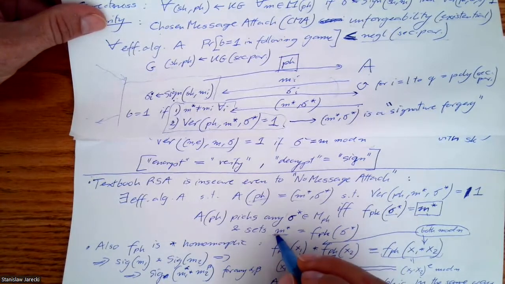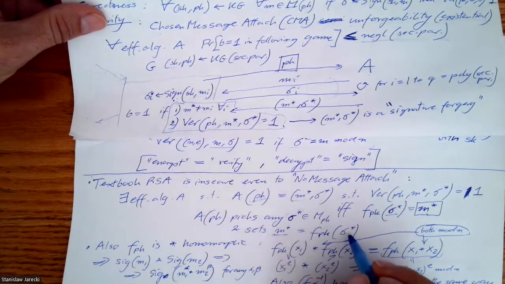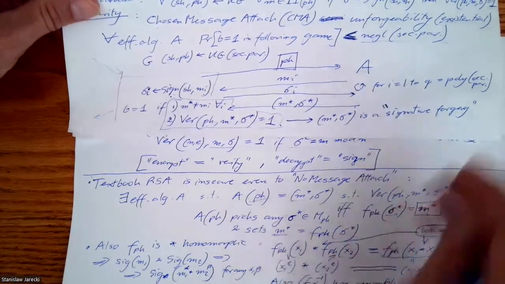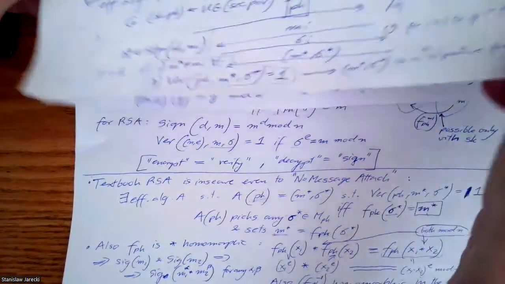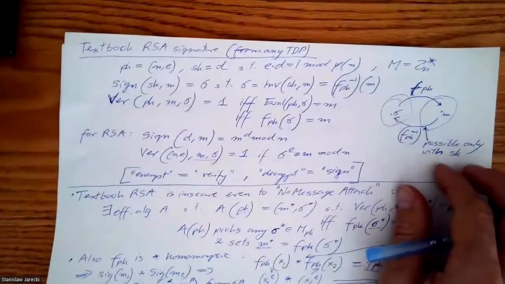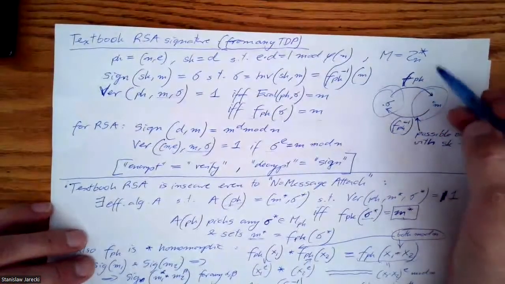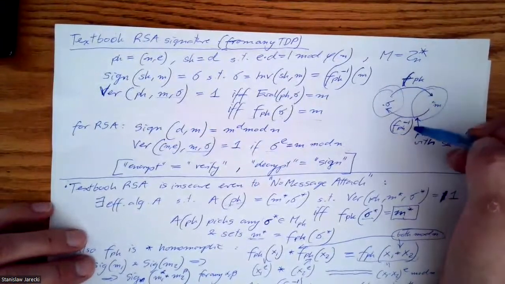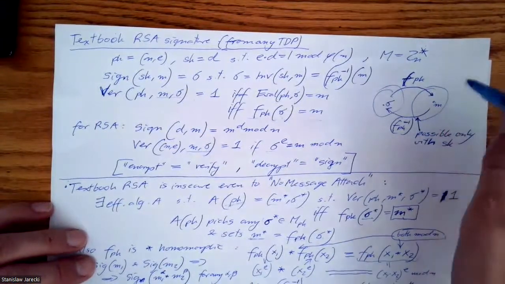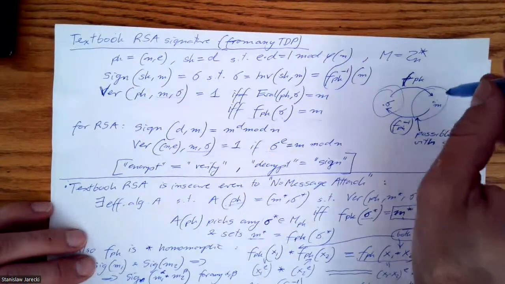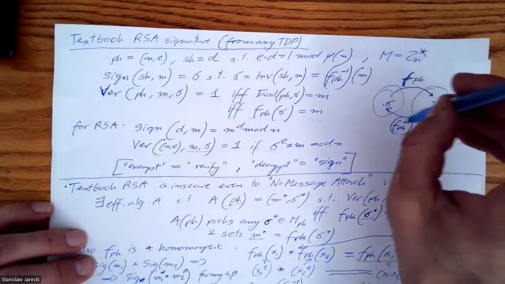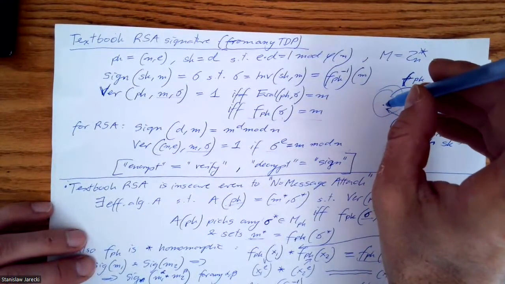Then in order to forge a signature on it, I have to invert this function on a random point, right? So remember, what was the assumption? The assumption was that the f_pk is a one-way permutation. It's a one-way permutation with a trapdoor, so trapdoor permutation. That if somebody sampled random points here, no attacker can invert.